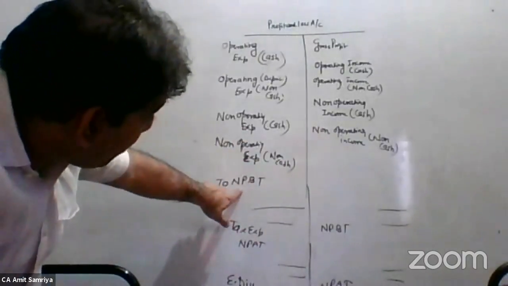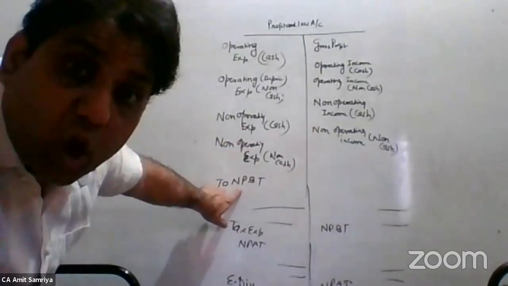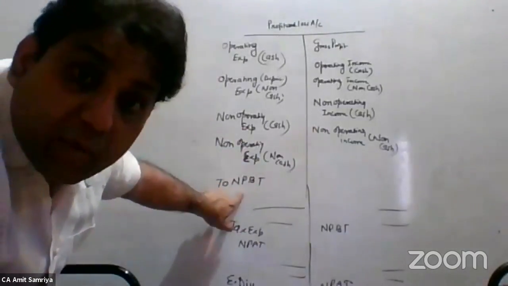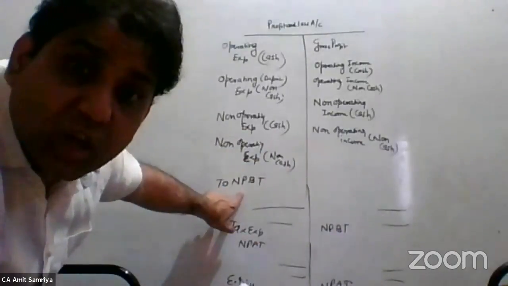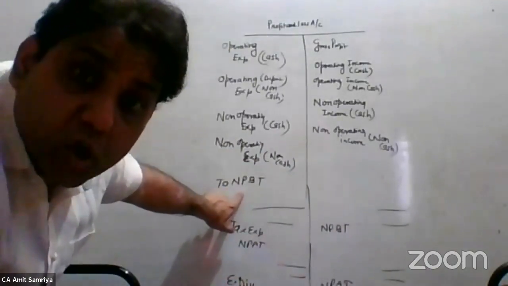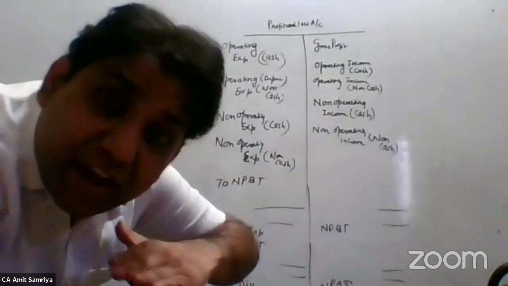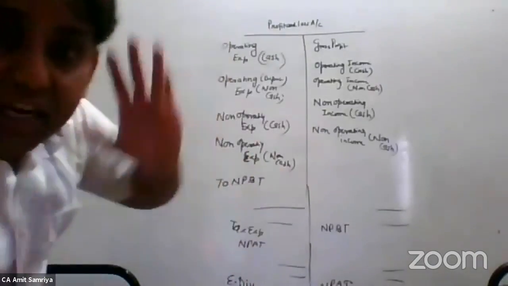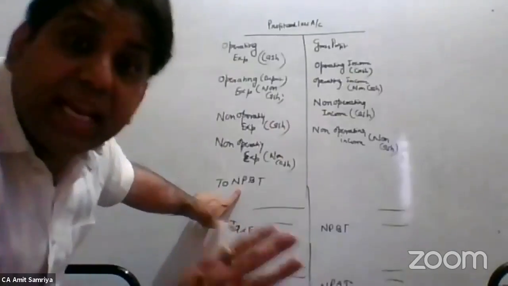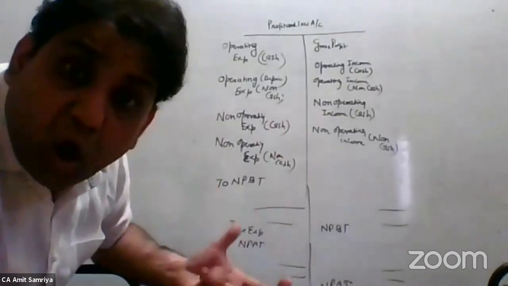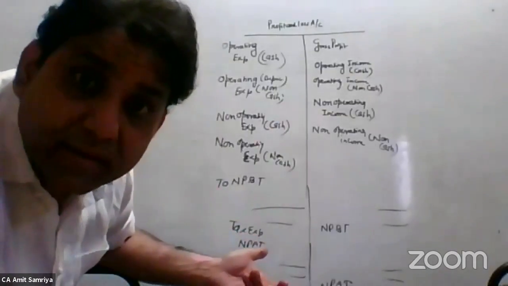This net profit before tax is the result of all income and expenses, operating, non-operating, cash, non-cash. So we will eliminate the effect of non-operating and non-cash. So what will remain? Operating cash, and it is required.